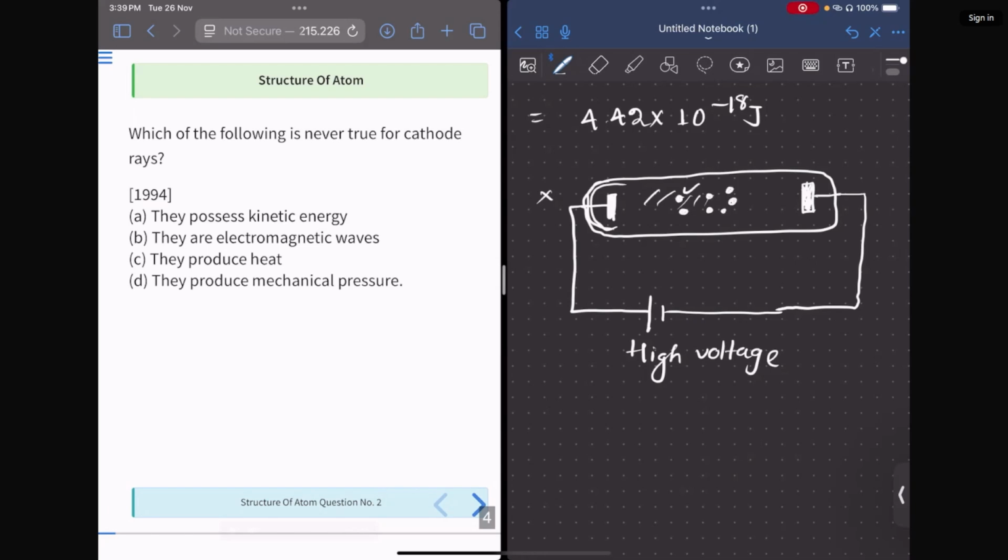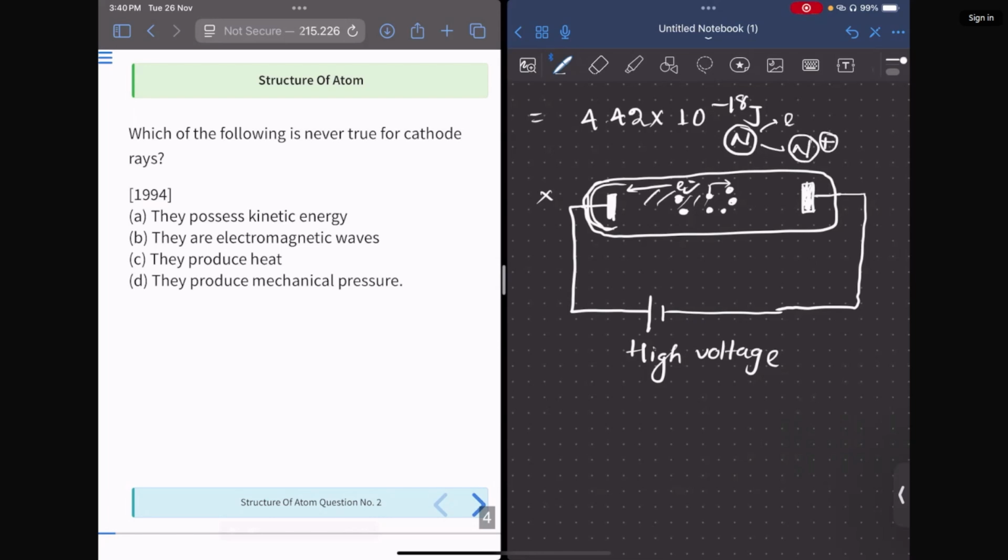When the atoms are ionized, the electrons will pop out. Then the electrons will travel to the positive electrode. The remaining atom: a neutral atom, if you remove an electron from it, becomes a positive atom.